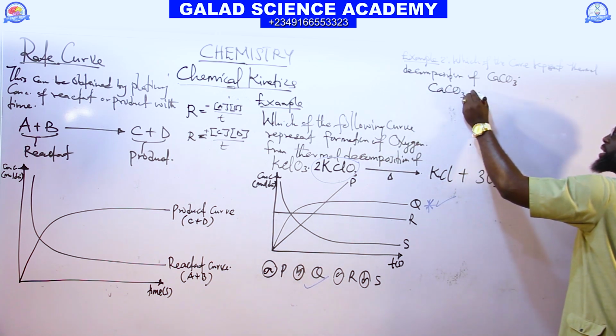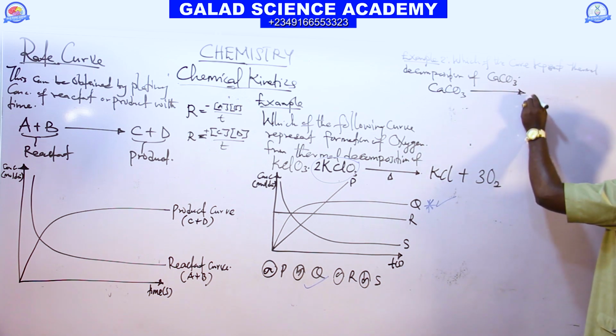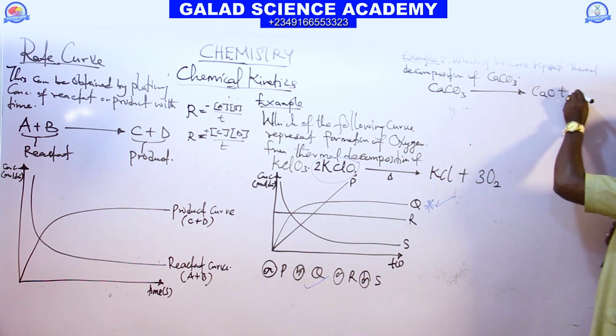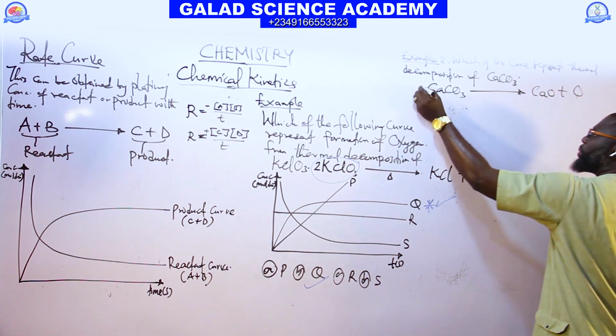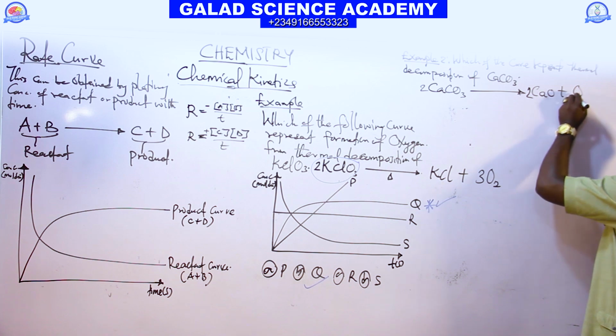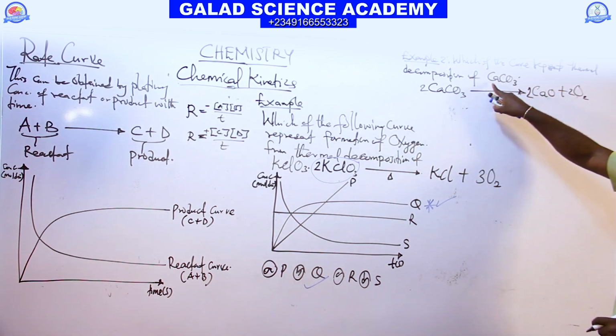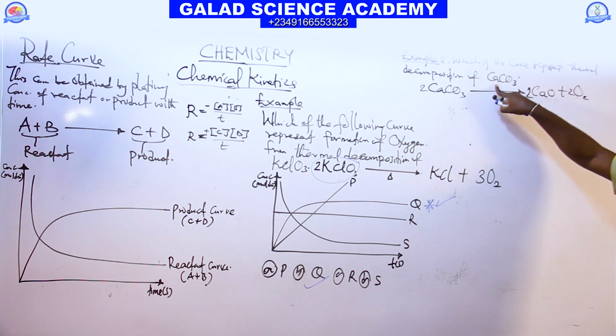Limestone is CaCO3, decomposed to give us calcium oxide plus carbon dioxide. Put 2 here to balance. Here they are talking of the breaking down of limestone.